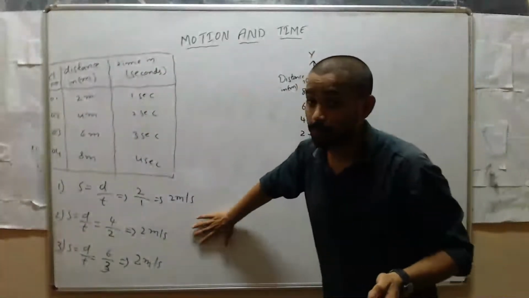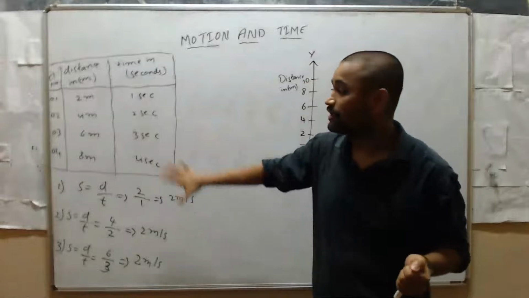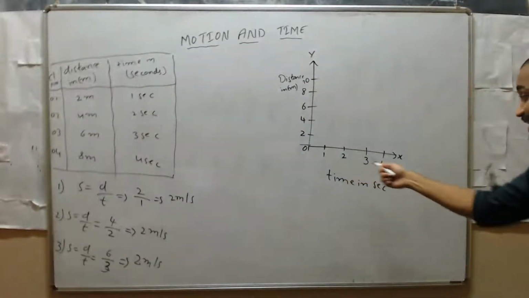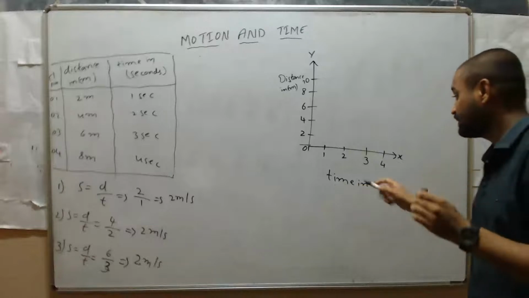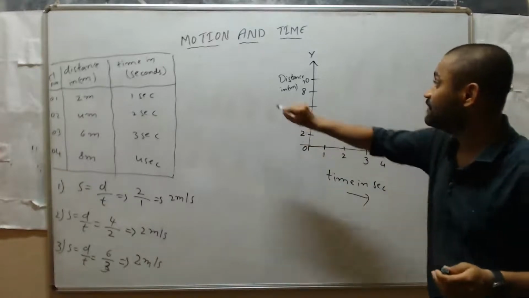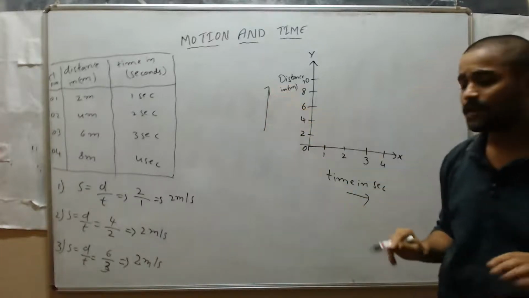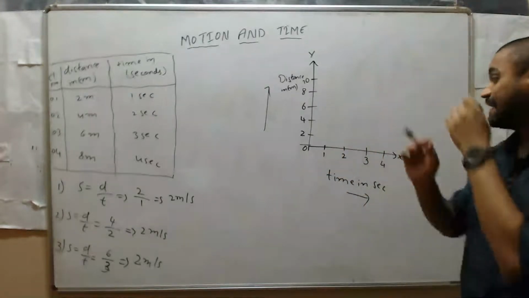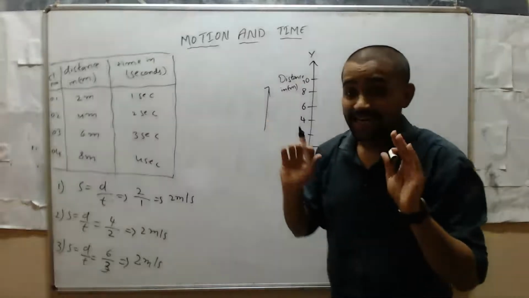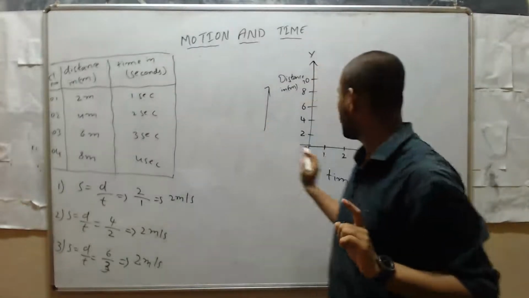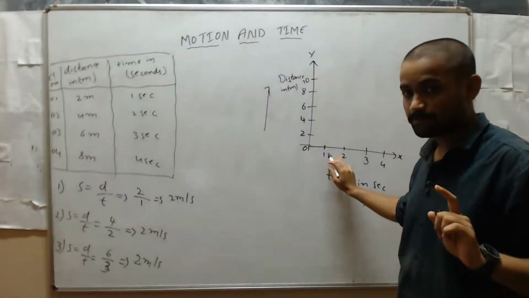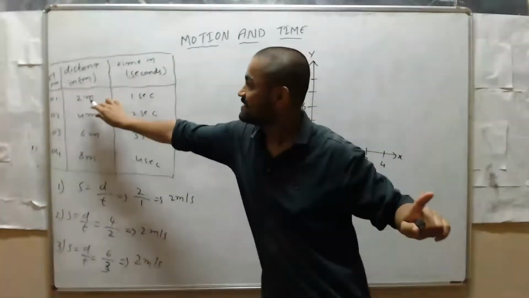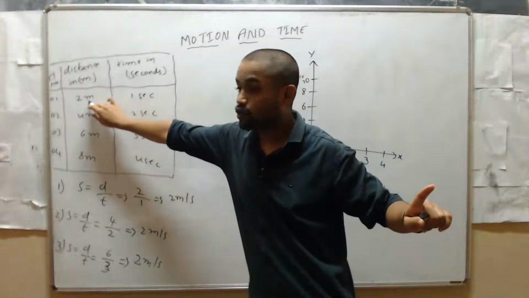Now we have to plot the graph on this data. Okay, let's see. In the x-axis we have taken the time, and in the y-axis we have taken the distance. Is it clear? Now indicate the numbers. For 1 second, where will the car be? 2 meters.